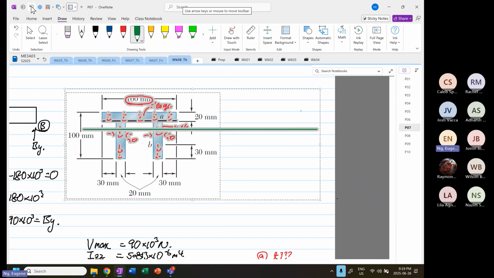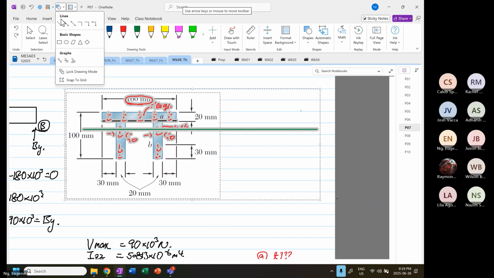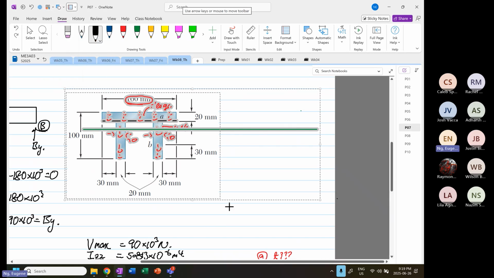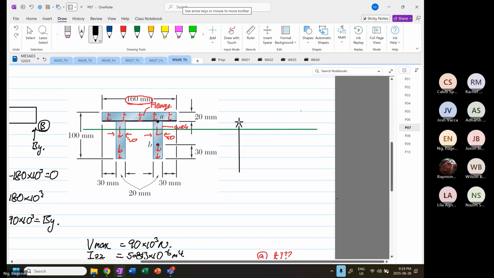I'll change color. I'm going to draw an orange line. So the distribution will look like that.